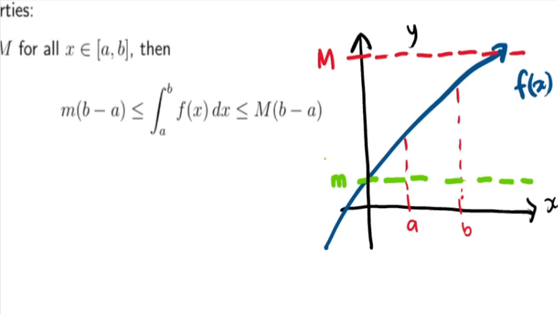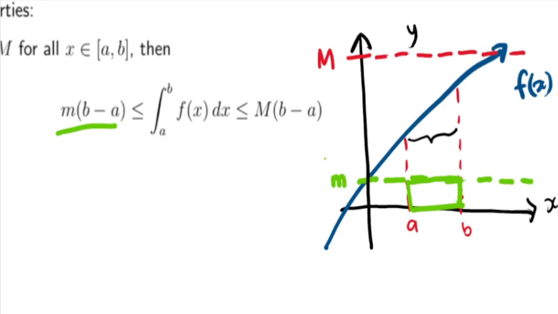Now, in this interval, the function value is always larger than small m, but smaller than capital M. Now, we can think of this one as this area, or this rectangle that we will use.